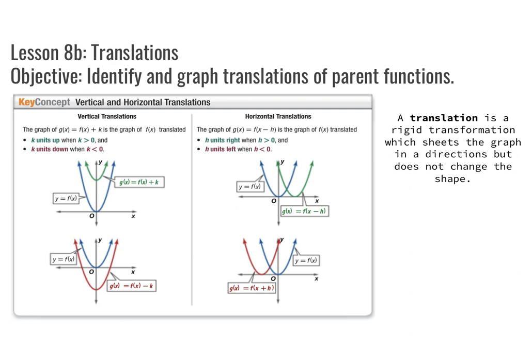When we have a function, it doesn't matter what parent function it is, if we are adding or subtracting k, that means we're not affecting the x value, it's the y value, just on the outside. This is going to be a vertical shift, so we move it either up or down.